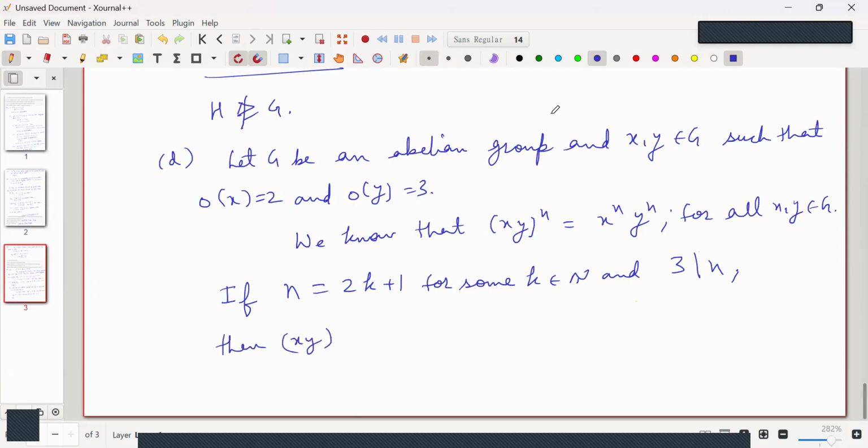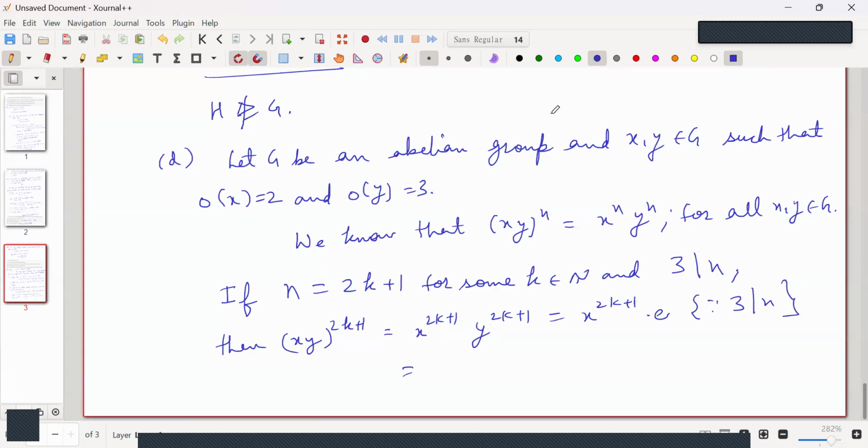Then (XY)^(2k+1) will be X^(2k+1) Y^(2k+1), and since this is divisible by 3, Y^n will vanish, so this will be just identity. This is because 3 divides n, right?